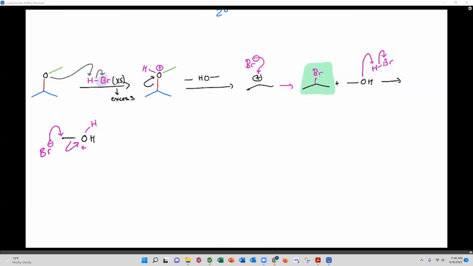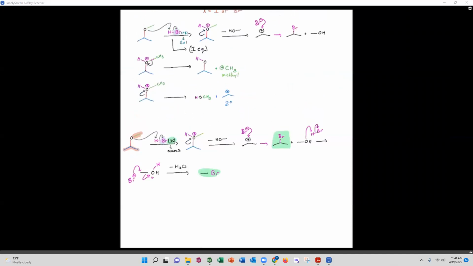Water is going to leave, so minus H2O. And in this case, I'm going to form bromomethane. In an excess of the acid, you're going to take both of these alkyl groups and brominate both of those, and you're going to kick off the oxygen and get rid of the water altogether.